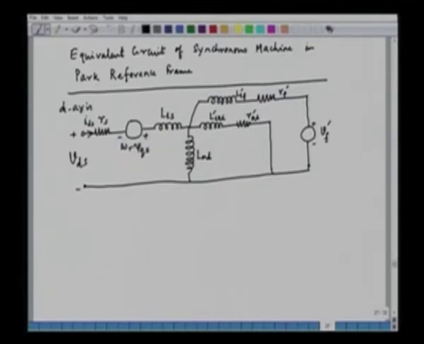In a similar fashion, we can draw the Q axis equivalent circuit.